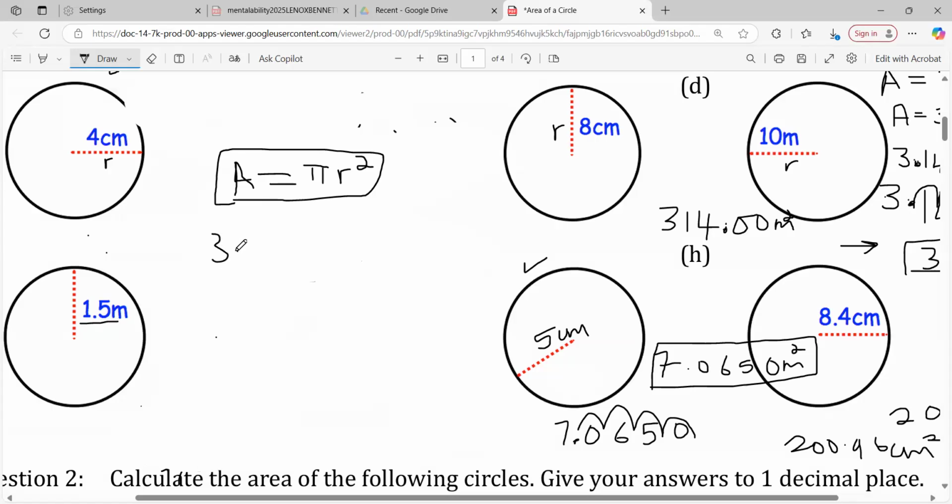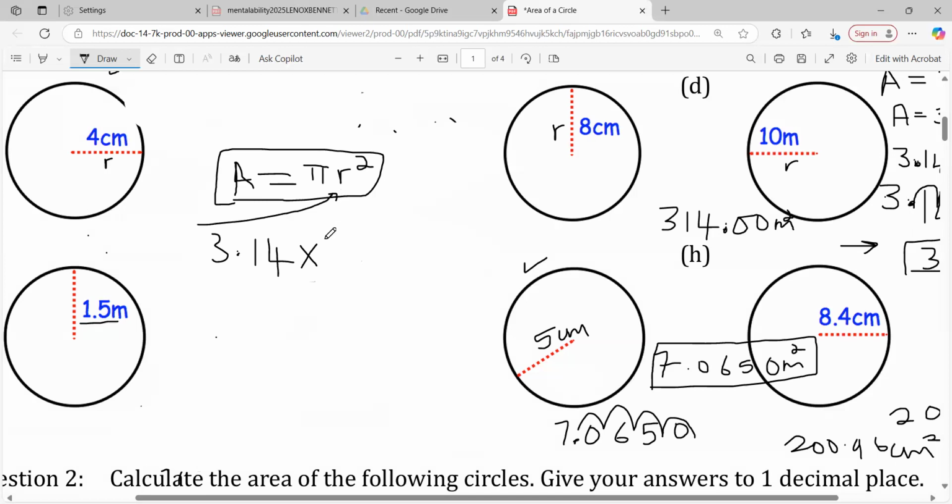Yeah, right? Times r squared, sir. Yes, sir. What's the radius? Times r squared, sir. And sir, r means radius, sir.